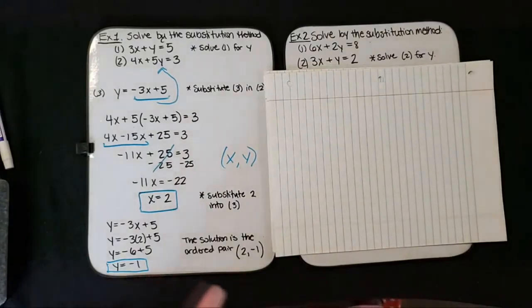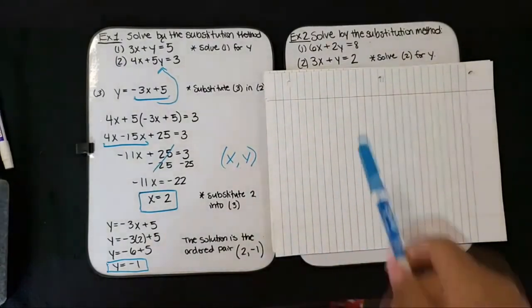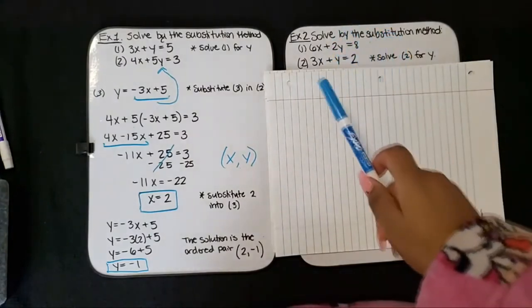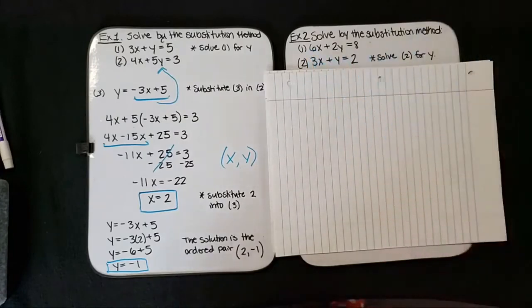So if we look at equation 1 and equation 2, I think that if we take equation 2, because this y doesn't have a number in front of it, it'll be easier to just subtract 3x on both sides.